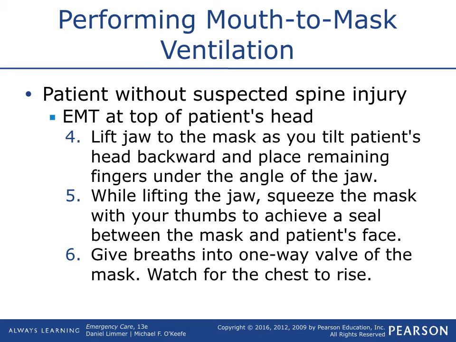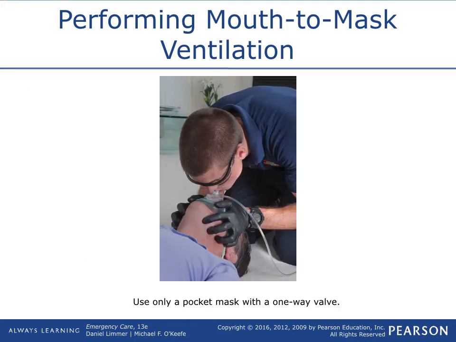While lifting the jaw, squeeze the mask with your thumbs to achieve that seal. Then give breaths into the one-way valve of the mask. Like I said, it's the BVM mask, the same mask, but you don't have the bag to go with it. Your mouth replaces the BVM. Watch for the chest to rise when you breathe.